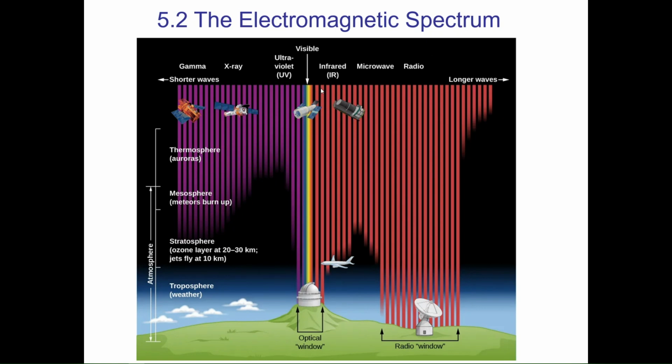Therefore, those radiations also contain a lot of very important information about the celestial object. So let's take a look, starting from the type of electromagnetic radiation which has the longest wavelength, which is the radio wave.